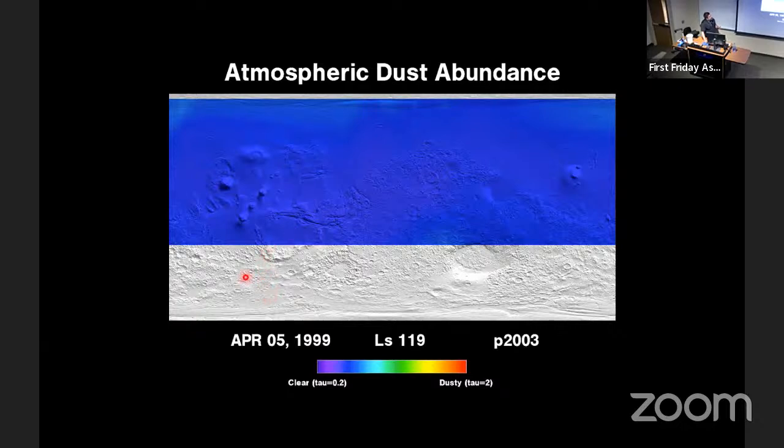This is from the thermal emission spectrometer on the Mars Global Surveyor mission. This spectrometer looked in the infrared and basically looks at heat. I said that the dust in the atmosphere heats the atmosphere, so it figures out where the atmosphere is being heated up by the dust. What it's plotting is blue is very little dust and red is a lot of dust.